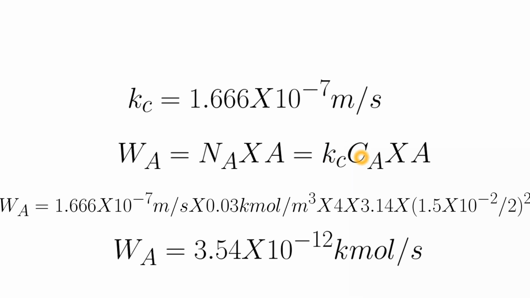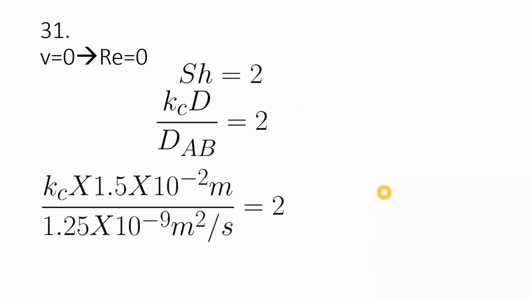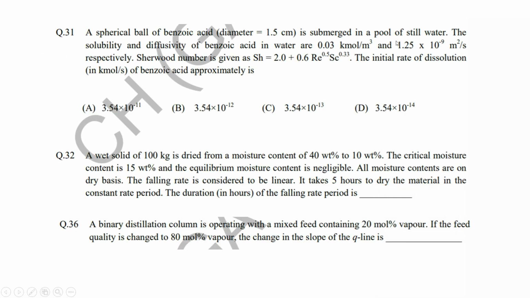There is no problem with this, since they are asking the initial rate of dissolution, so initial concentration we will consider as Ca, into A. And they have given the solubility, 0.03 kilomole per meter cube, right?